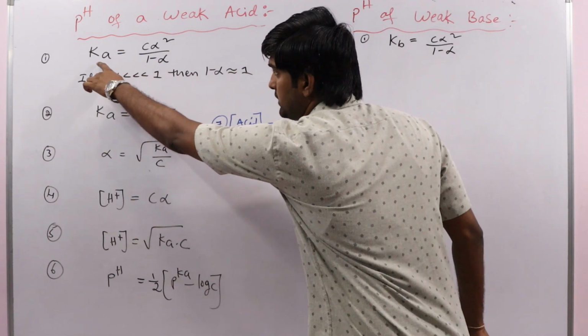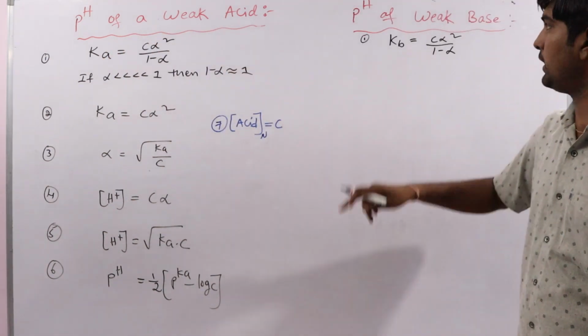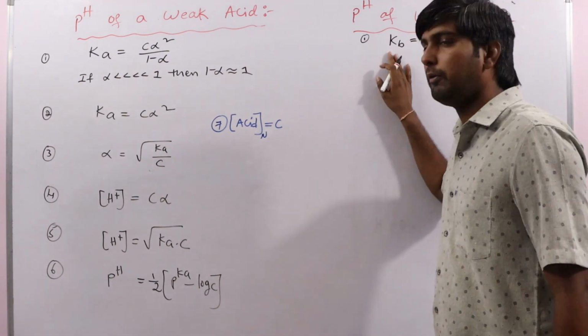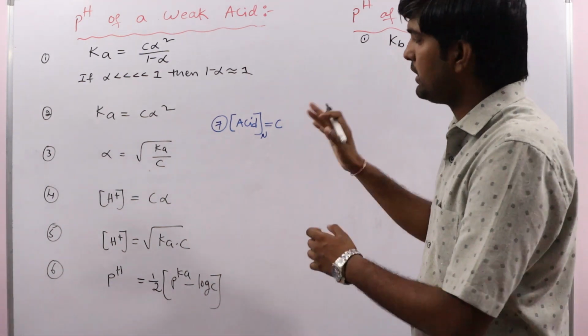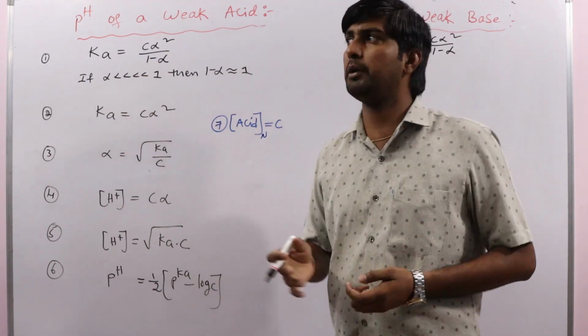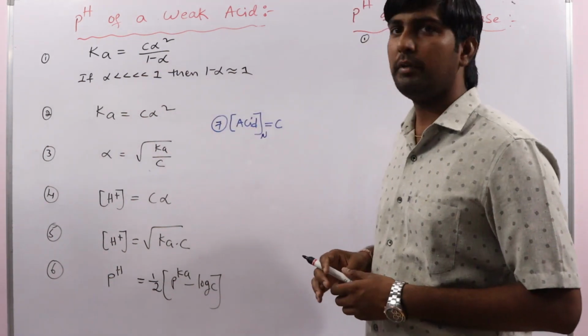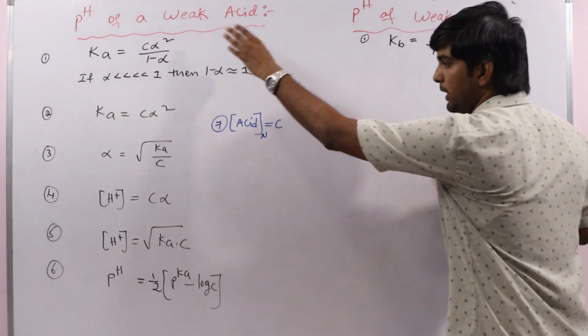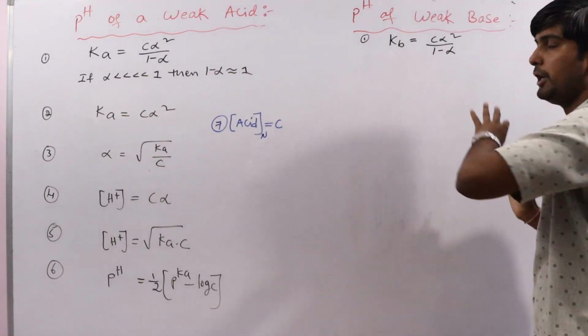Here Ka means acid dissociation constant, Kb means base dissociation constant for a given weak base. The derivation is also the same as for the pH of a weak acid, except that we take a weak base. So by comparing with these formulas, you can easily remember them.